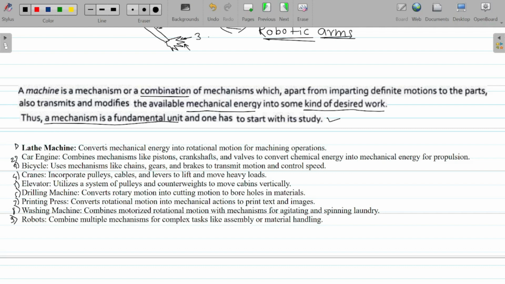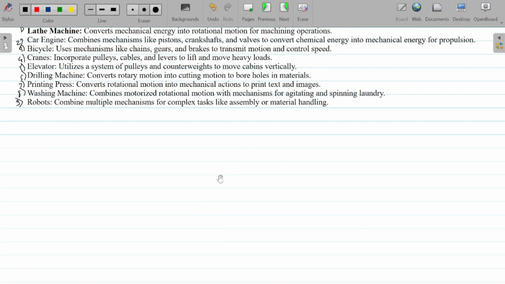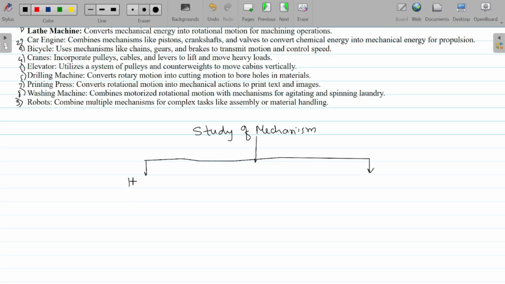Now your theory of machine subject is broadly divided into two categories: theory of machine, instead of that study of mechanism. Study of mechanism is broadly divided into two categories. One is nothing but kinematics, and second one is the dynamics. Now what is the difference between these two?